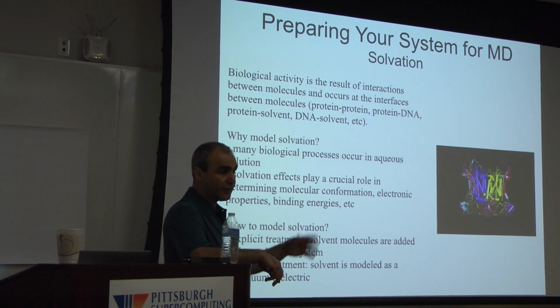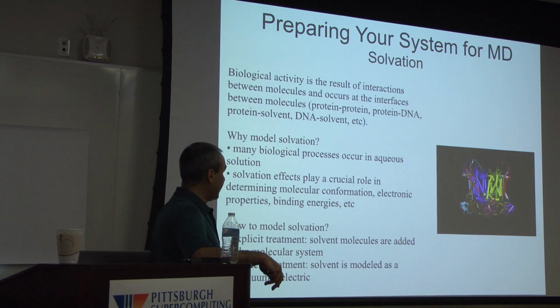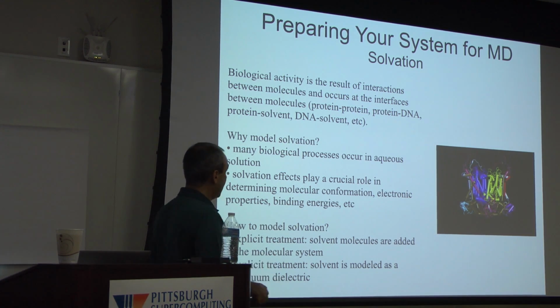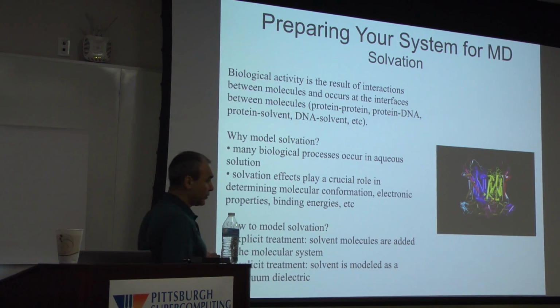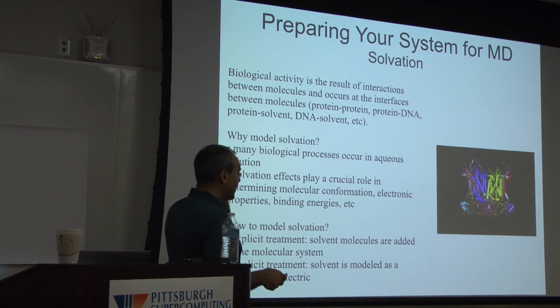You can have implicit solvent molecules in the molecular system, in your simulation system. But if you are dealing with heavily charged systems, like DNA, ions are important. Obviously, solvent becomes important.